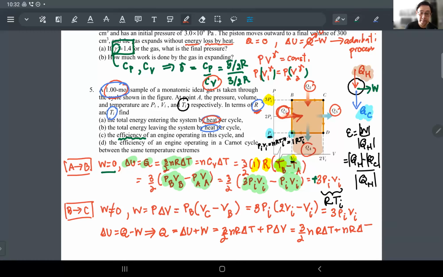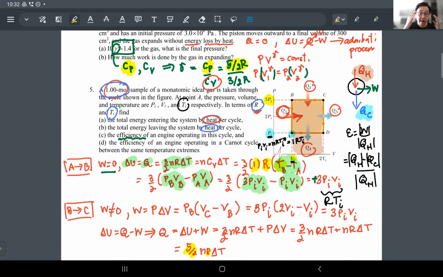You guys with me? And that reminds you of the other formula we had for the heat during the isobaric process, the constant pressure process, which is 5/2 nR delta T. That number 5/2 shows up because it is the molar specific heat for the constant pressure process.